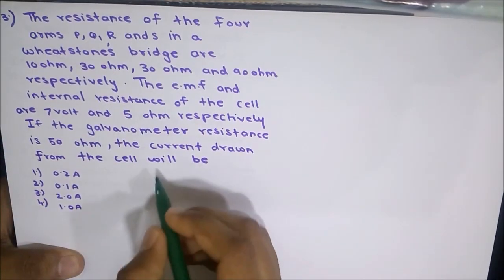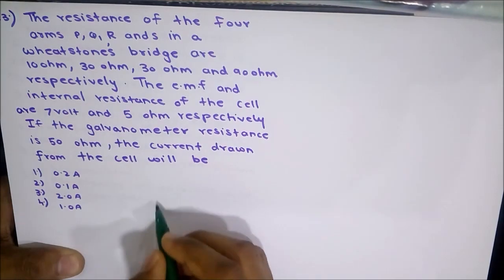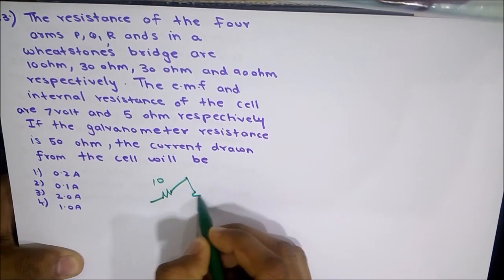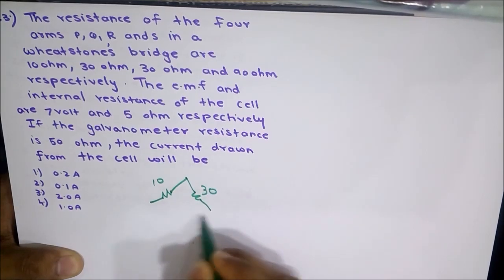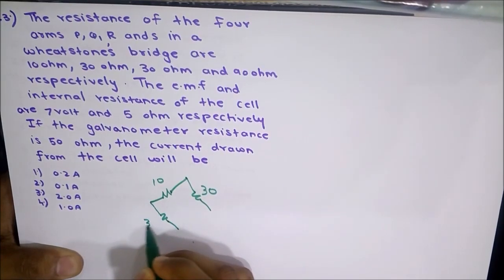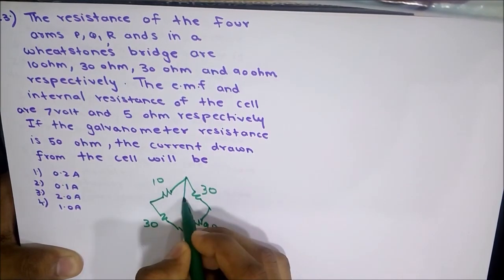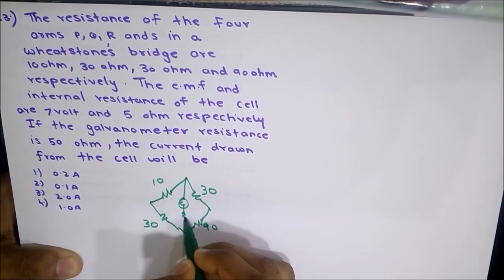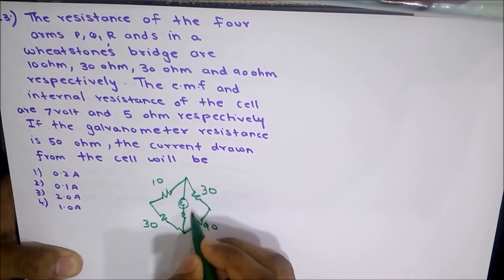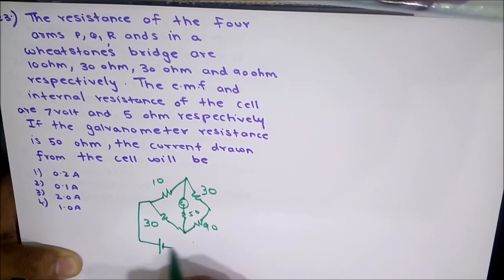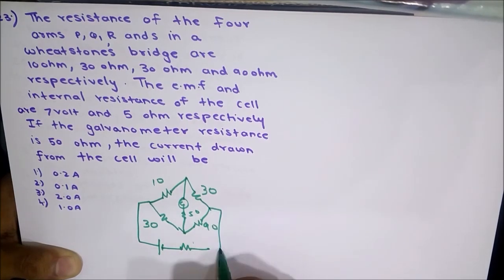In order to continue further, let's draw the circuit. There is a 10 ohm resistor, 30 ohm resistance, 30 ohm resistance, 90 ohm resistance and a galvanometer having a resistance of 50 ohms connected across a battery of 7 volts and 5 ohms internal resistance.